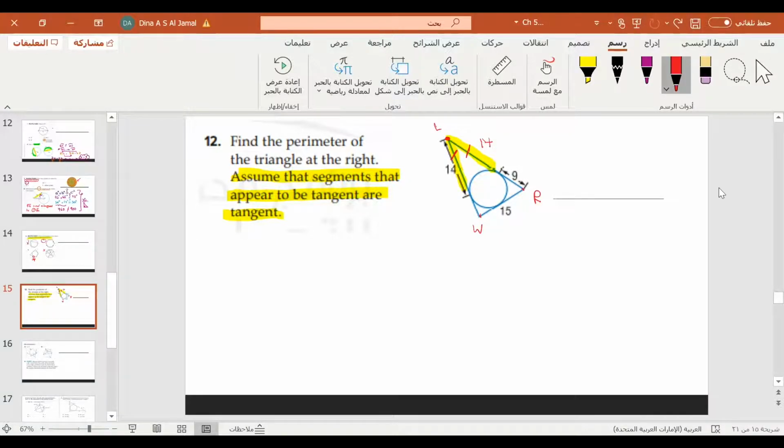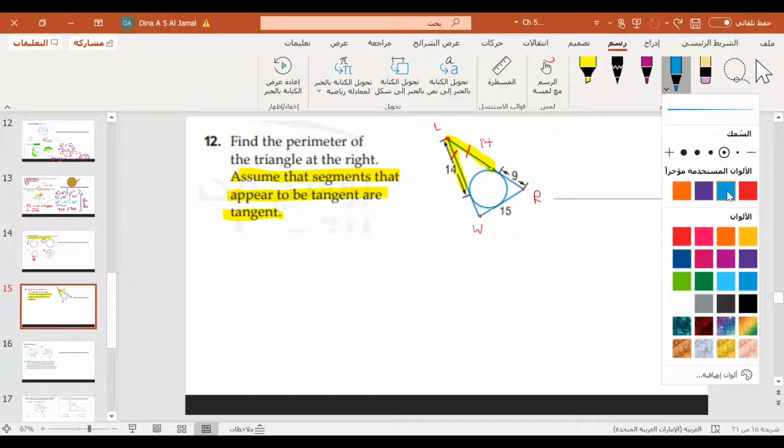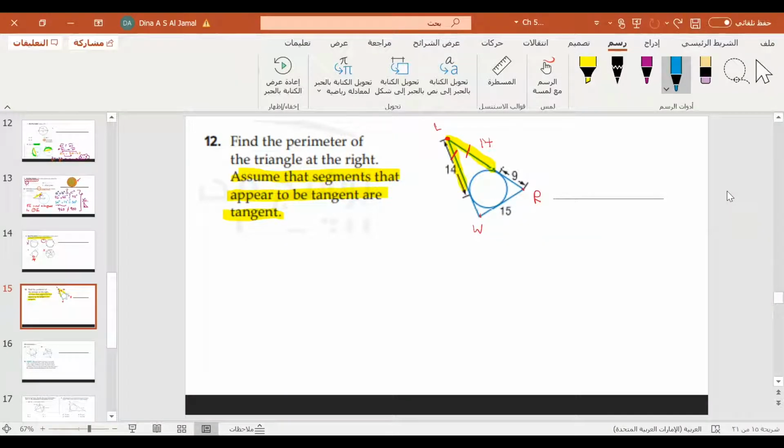Now, let's go to this segment. We are having an external point of R. So it will be forming two tangents and each tangent will be congruent to the other. That means if we are having a measurement of 9 here, we will be having a measurement of 9 there. So let's focus on the segment addition.